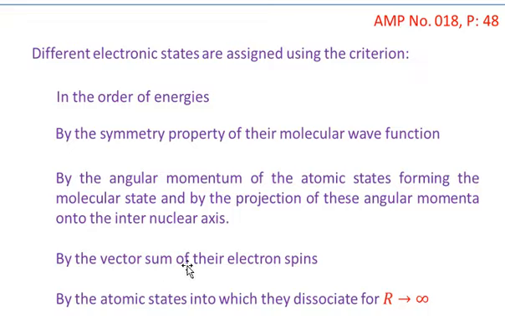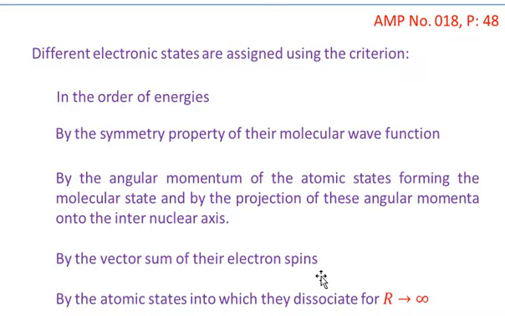The fourth condition is by the vector sum of their electron spins. Each electron will have its own spin. The total spin can be found by the vector sum of the spin angular momenta of the individual electrons.